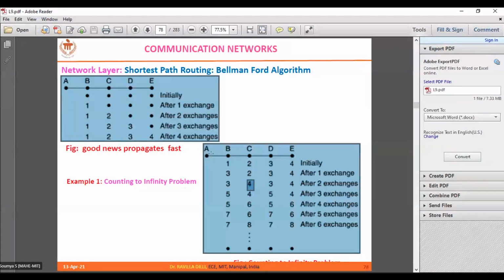Because they do not know that the actual problem is that the link between A and B has failed. Okay, A is not existing in the network anymore, but just look at the table. The cost to A goes on increasing after every exchange. This is known as count to infinity problem.